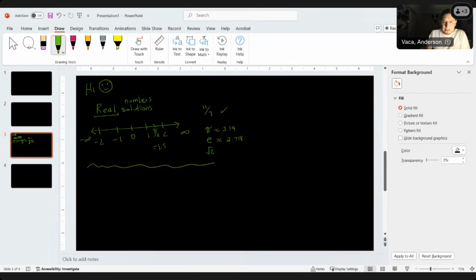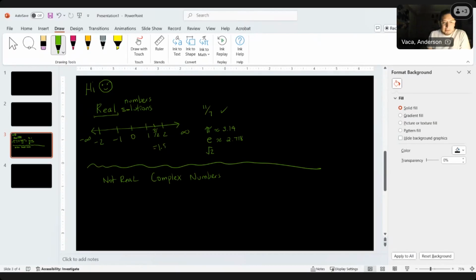Where are we going with this? Well, there is a whole bunch of numbers that are not real, and these are called complex numbers. So we have real numbers and we also have complex numbers.